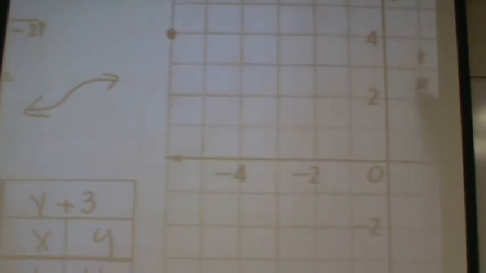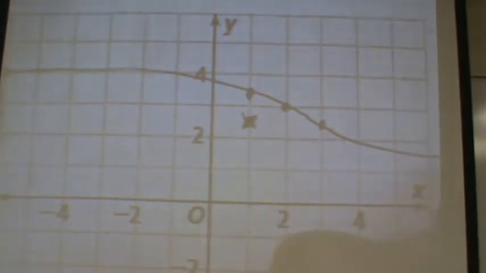Over 2, up 3. Over 3, 2.5. And 10 is going to be off the page, way off the page. But you should be able to connect these dots and make it resemble the parent graph. Did you get that? Yes.